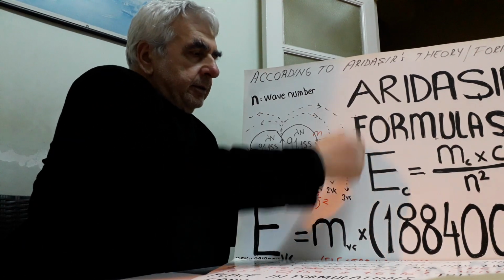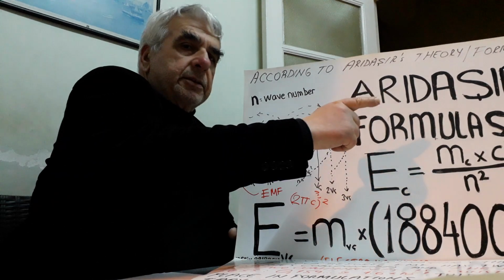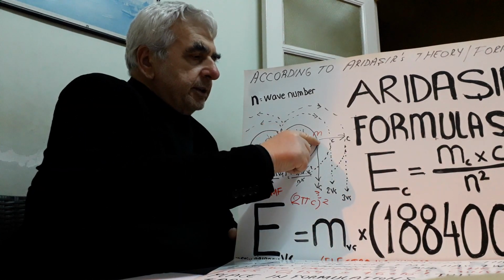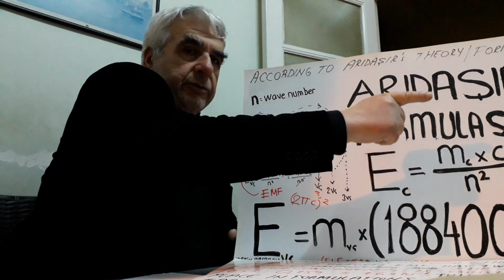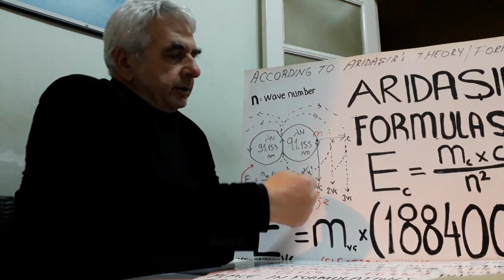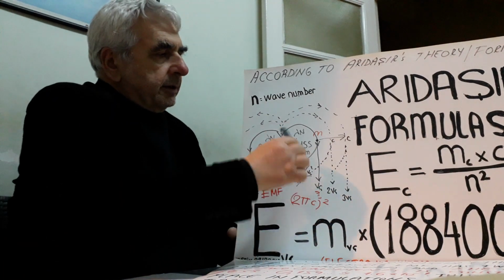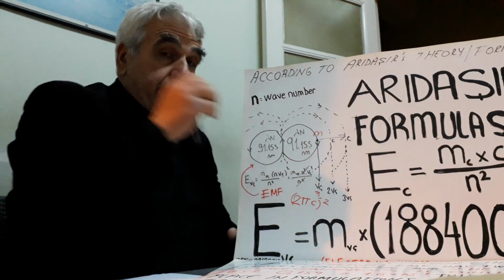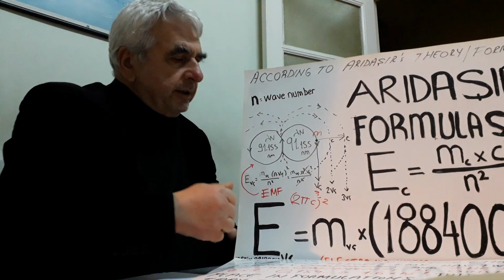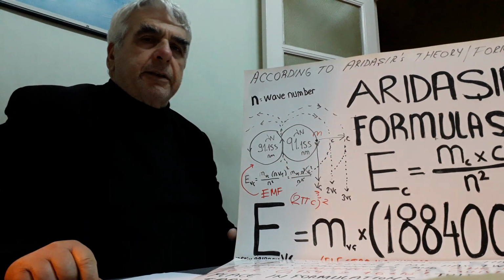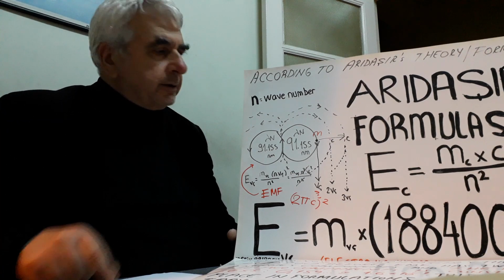And in each cycle, c is the speed of light velocity, and this direction is the c direction. But in the second and third cycles, the first cycle linear velocity is 1,884,000 km per second.